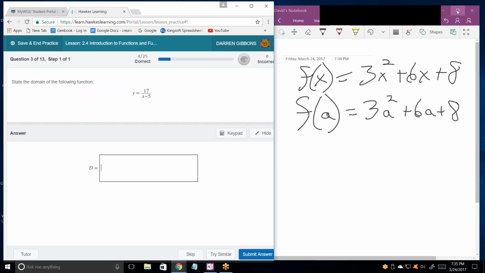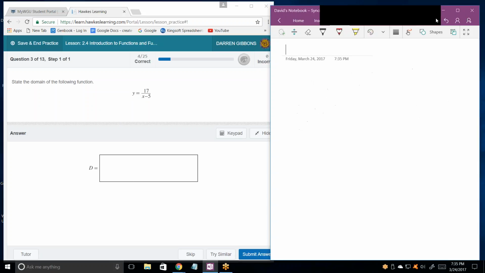Now, this is a little more complicated function. Just looking at this function, what is the only thing that x cannot be? That's the way you should look at domain, not so much thinking about what x can be, because usually x can be most anything.